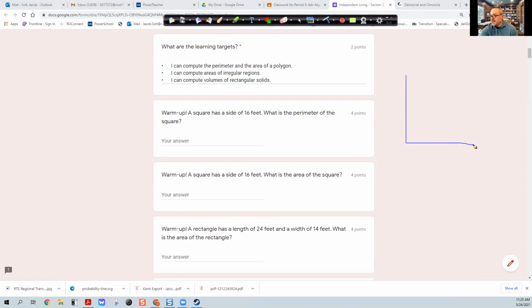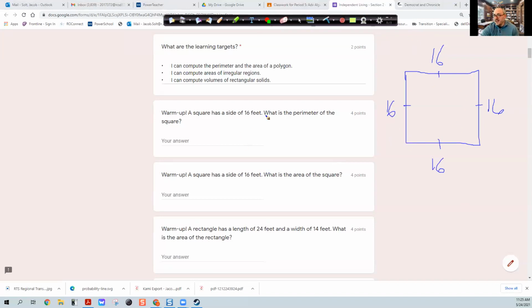So the idea here, I got a square. If one side is 16 feet, and I know that all the sides of a square are the same, then this is 16 feet, that is 16 feet, and that is 16 feet. So if I know one side of the square, I know the length of all sides.